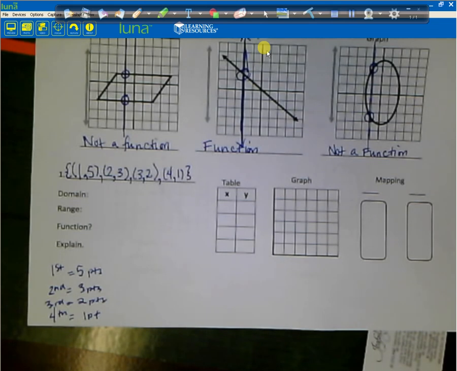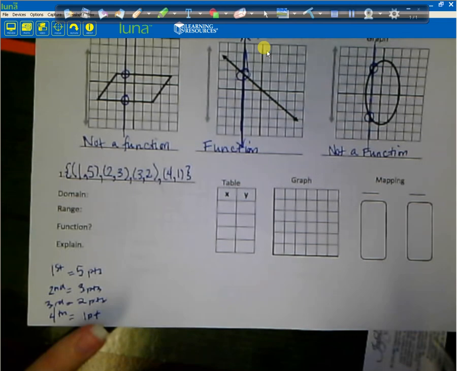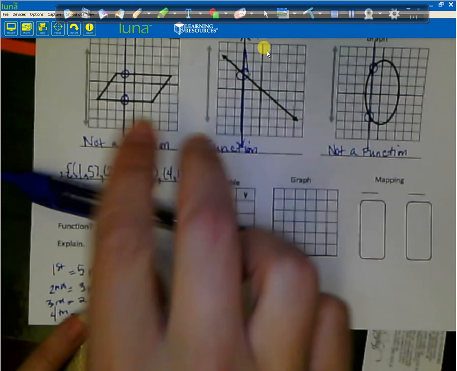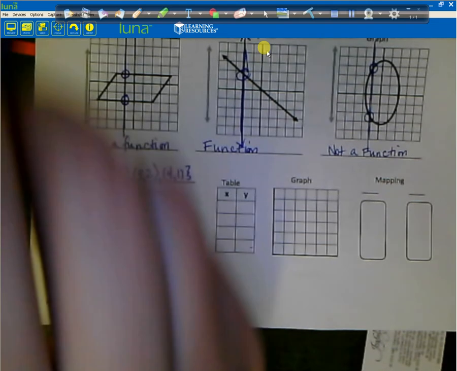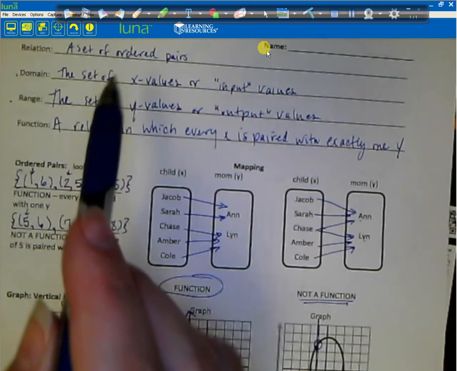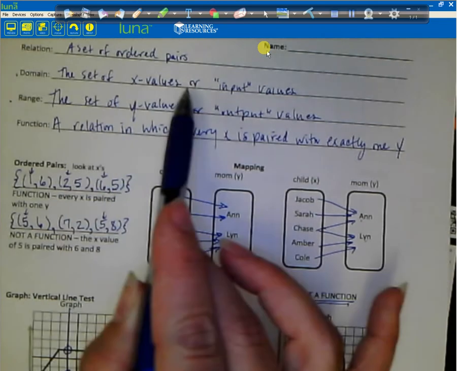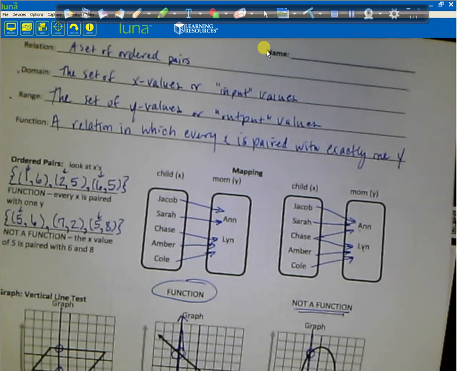Now we're going to look at the domain and range and whether or not this is a function. My domain is simply my x values. According to my definitions up at the top of the page, the domain is the set of x values or input values. So I'm looking at my x's.